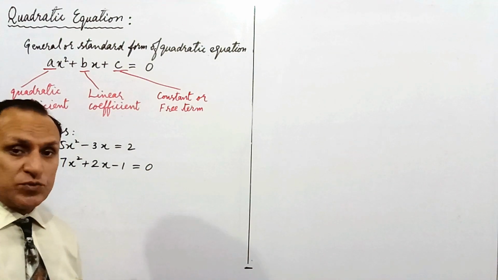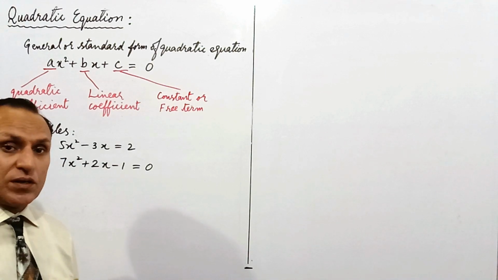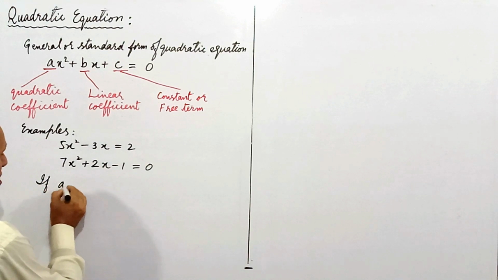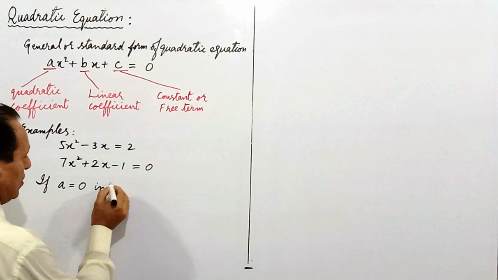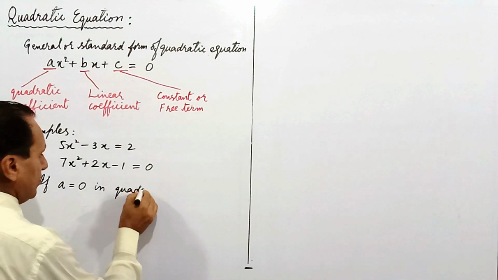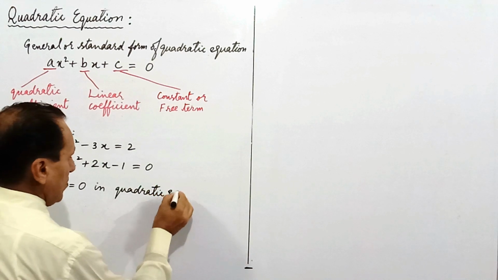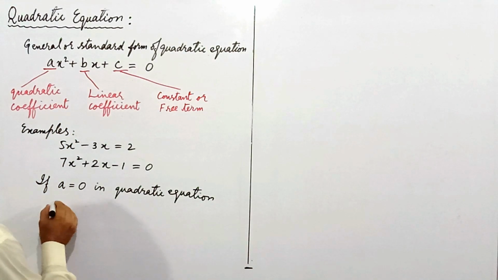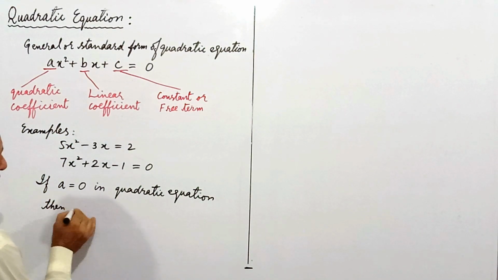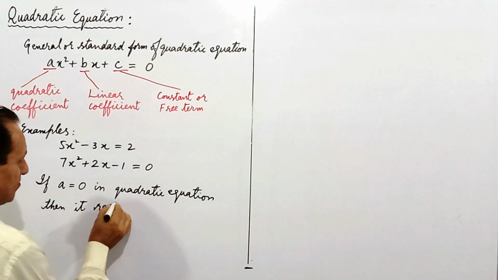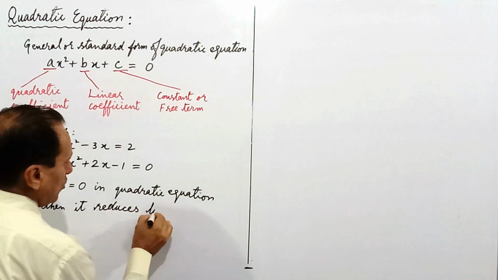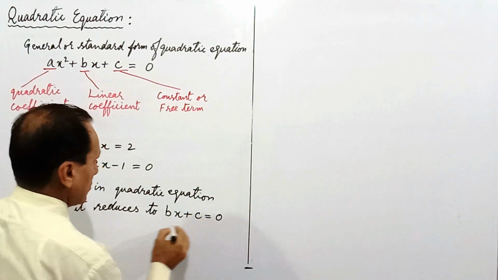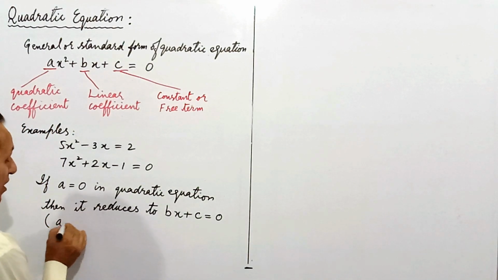There are a few things which we have to keep in mind about the quadratic equation. Number one, if a is equal to 0 in a quadratic equation, then it reduces to bx plus c is equal to 0, which is a linear equation.